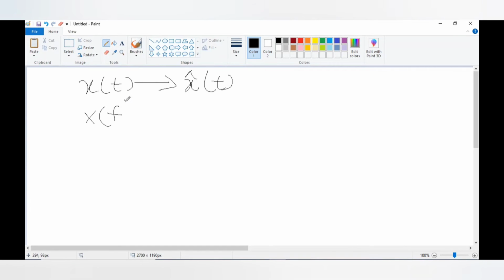If the Fourier transform of x of t is x of f, and the Fourier transform of x cap of t is x cap of f, then we can write x cap of t is equal to x of t convolution with h of t, right?